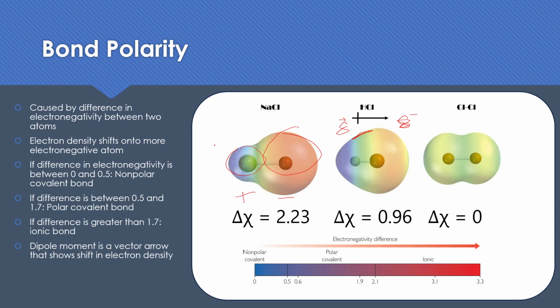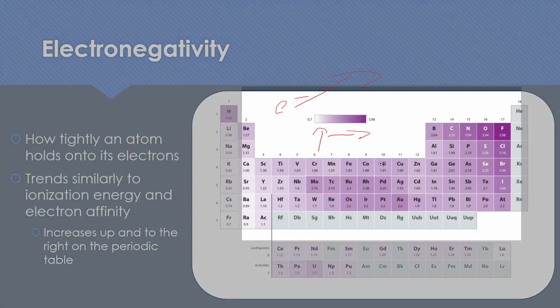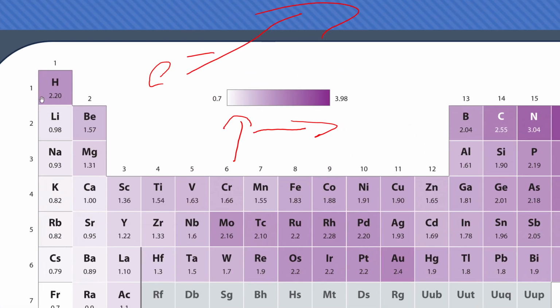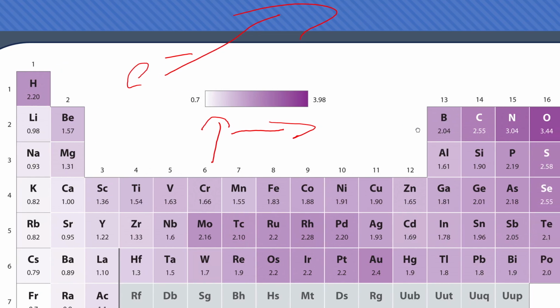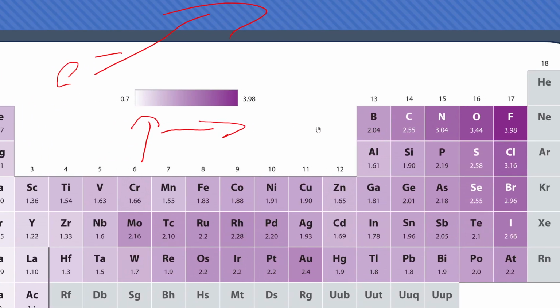Now, one important thing to know, because again, you probably don't need to memorize the whole electronegativity table, but one important thing that you probably do need to know is if we look back at our electronegativity chart and we zoom in, we see, okay, hydrogen's 2.2, carbon's 2.5. So a carbon-hydrogen bond is not a polar bond. So carbon-hydrogen is nonpolar, boron-hydrogen is nonpolar, but oxygen, nitrogen, fluorine, and hydrogen are polar.